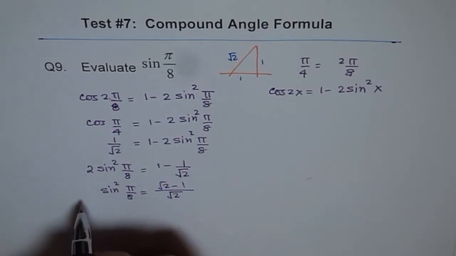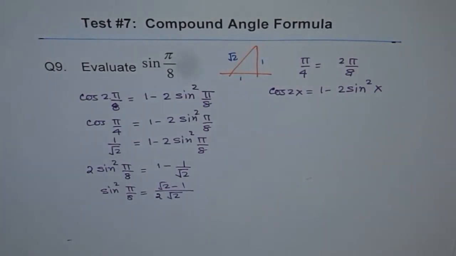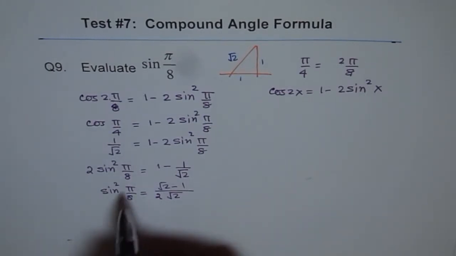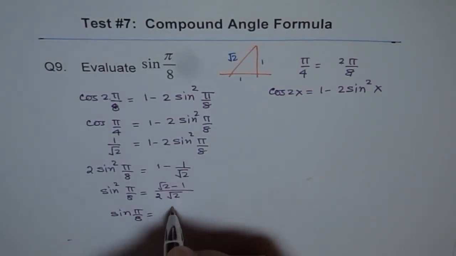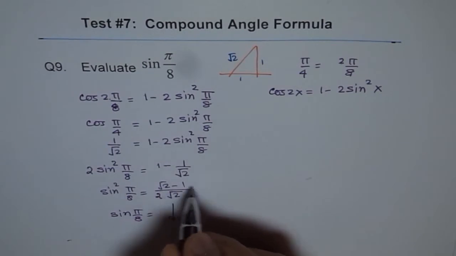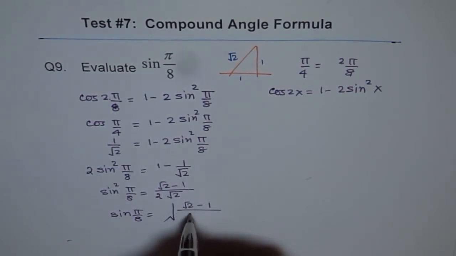So this 2 will divide both sides, so we get 2 here. So that is sine square pi by 8, right? And now, what is sine pi by 8? From here we can write sine pi by 8 is actually equal to the square root of all this, which is square root 2 minus 1 divided by 2 square root 2. Do you see that?